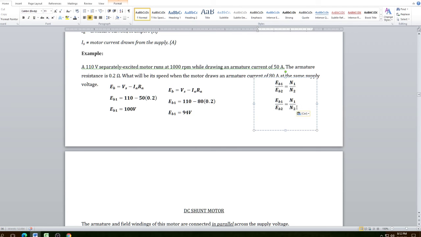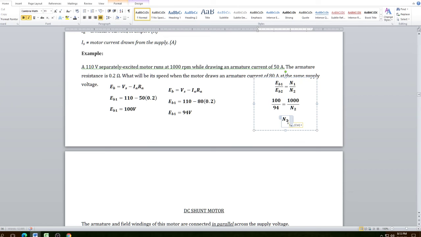Substitute: we have 100 and EB2 is 94, and N1 is 1000. So what would be N2?